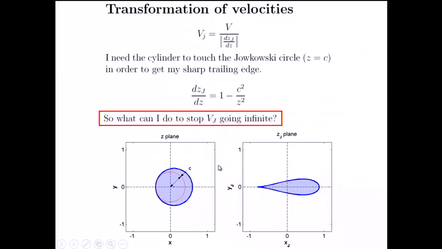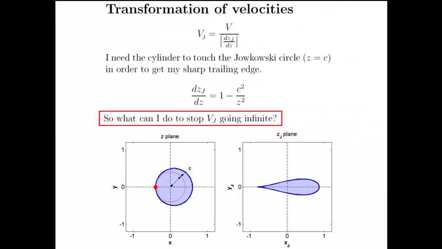Okay, so let's have a look at this example. If we assume the flow is going from right to left, the flow is going this way, and then let's have a look at this point. Think about the flow around the blue cylinder. We have 2 stagnation points, right? We have one stagnation point here and the other one here, which is right on the critical point.